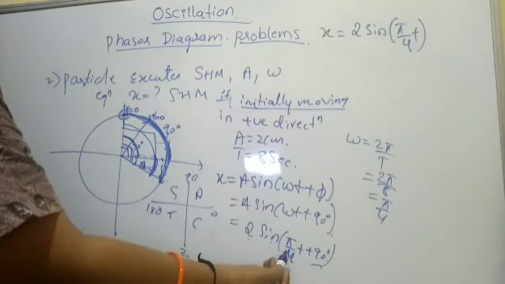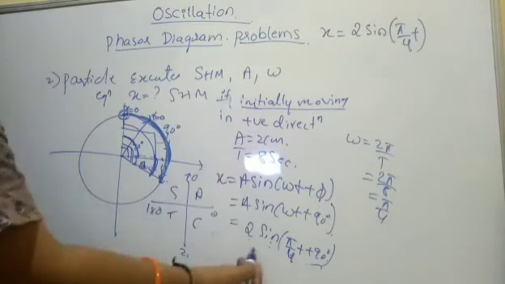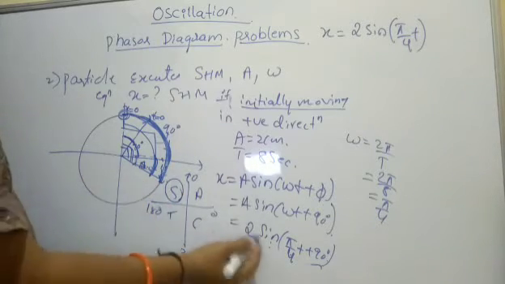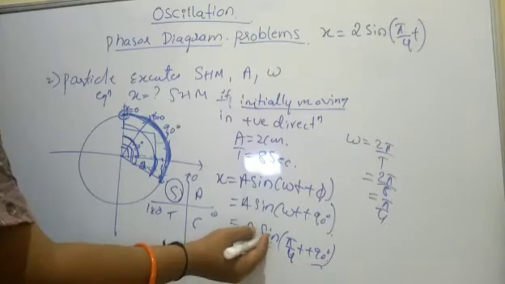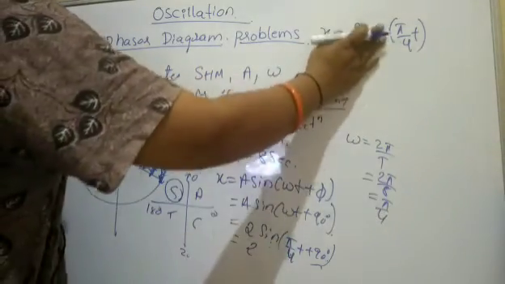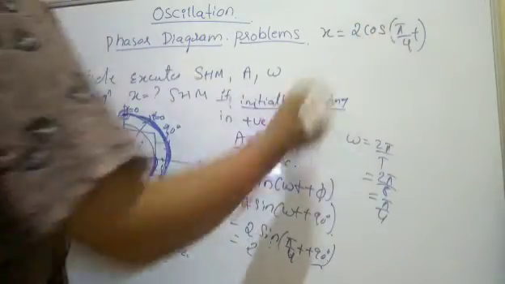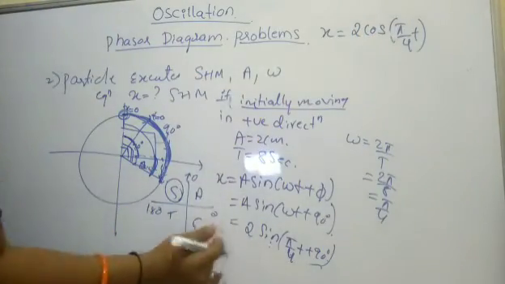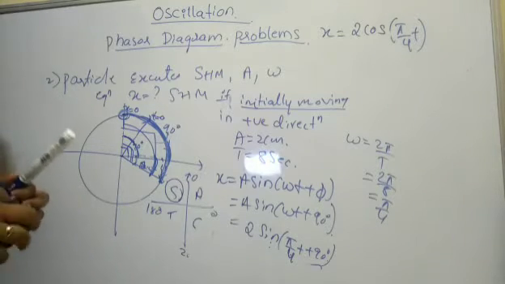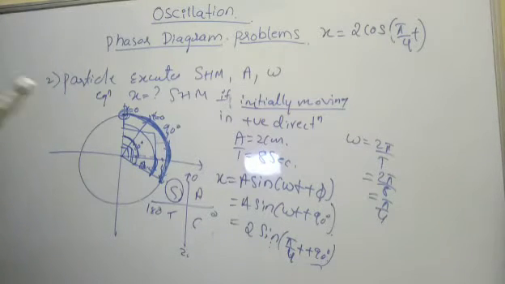So 90 plus theta means second quadrant, in the second quadrant sine is positive, but allied angles change sine to cos here. So x is 2 cos pi by 4 t. So this is the solution for this problem.